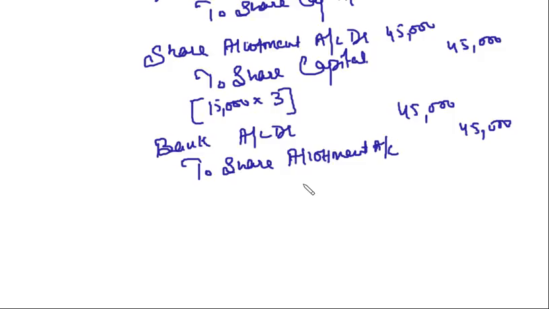We are not going to allot them 20,000. In case of oversubscription, right, there we do pro rata allotment. That means if you have applied for 50,000 shares, you are getting 40,000 shares. But if it is a case of undersubscription, then we are not going to allot more than what is subscribed.